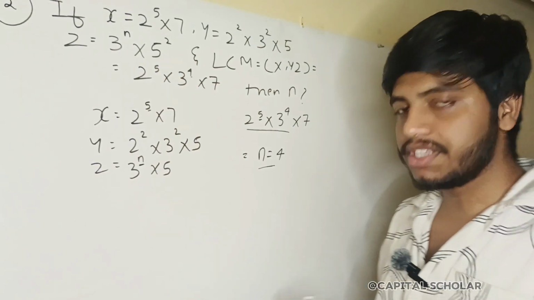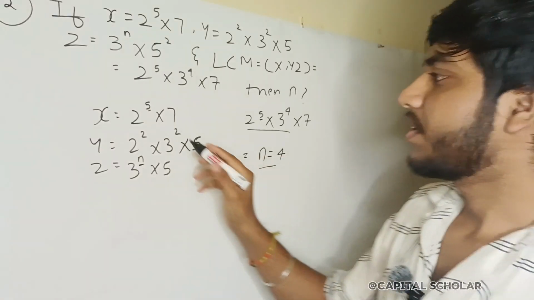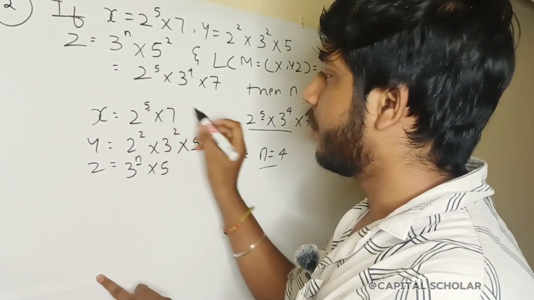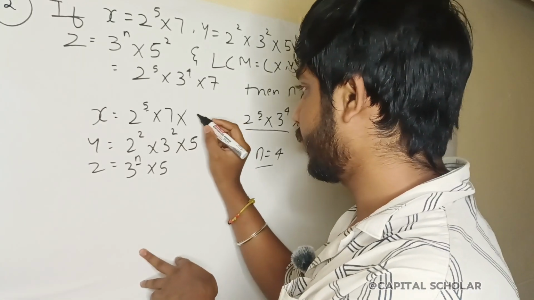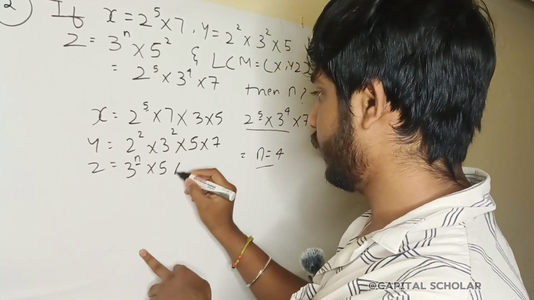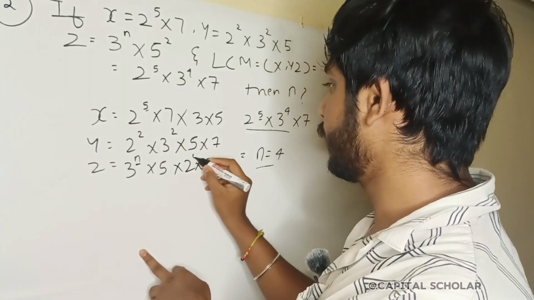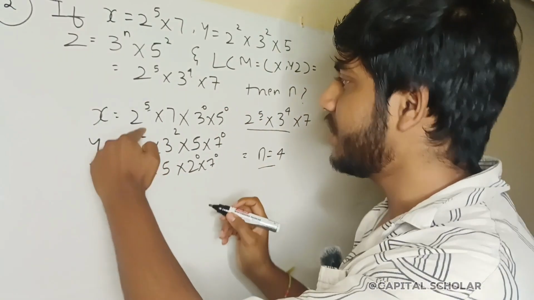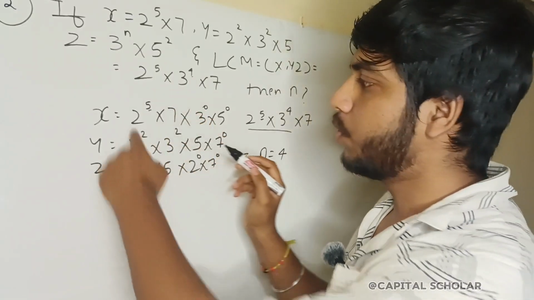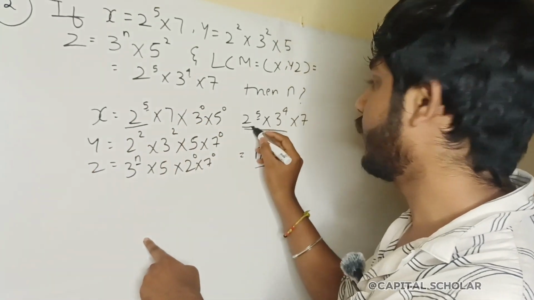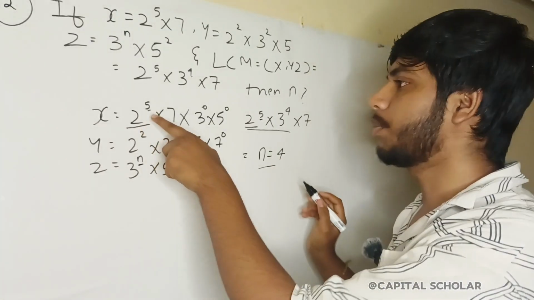If you didn't understand, please rewind and watch it. See how we should take the common factors. Here I will take the common factors of 3, 5, 7 and 2. In 2, which is highest? In these common 2s, x is highest, so I will take 2 to the power of 5.